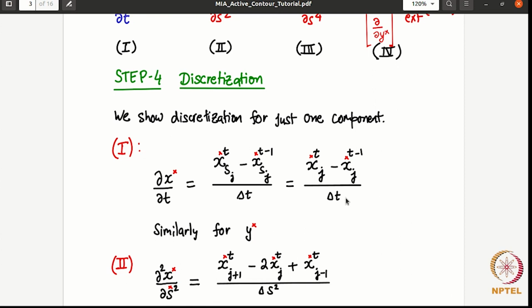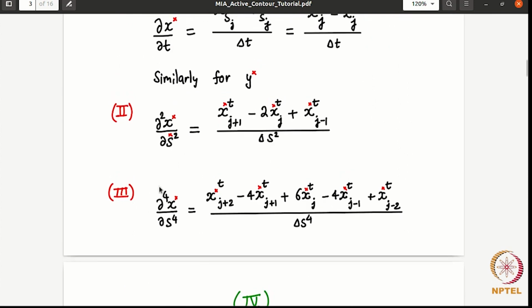Now we come to the second and fourth derivatives, these two terms. The second and the fourth derivatives are calculated using central difference at present time. You see, we could have calculated these derivatives at t minus 1 as well, but we are calculating them at present time t.